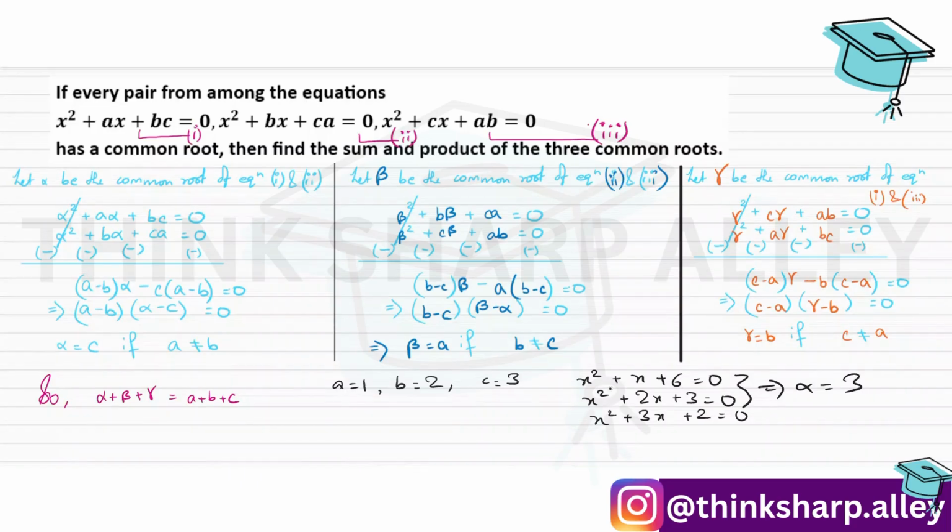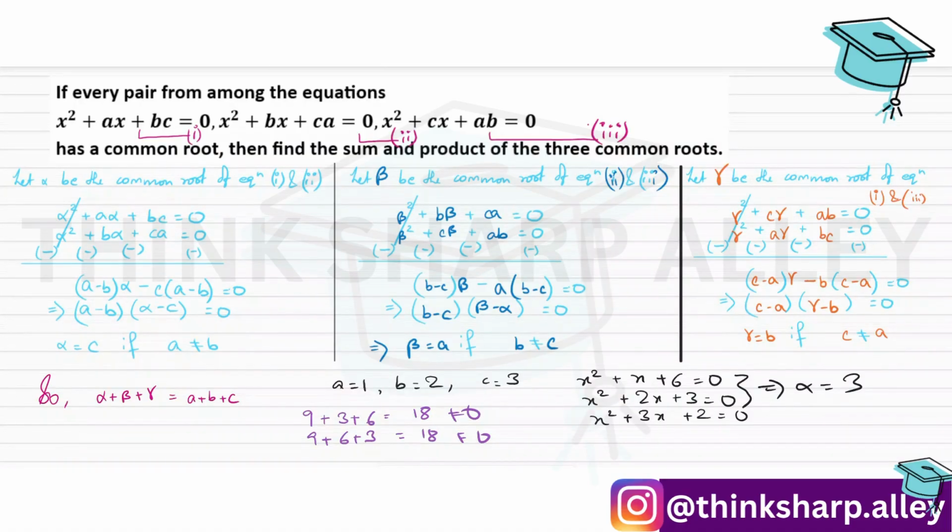So first equation, let us put 3 in place of x. We get 3 square, 9, plus 3 plus 6, which is equal to 18. That means not equal to 0. Let us check with the second equation. Again we get 9 plus 6 plus 3, which is also 18, not equal to 0. So 3 is not even a root, forget being a common root.